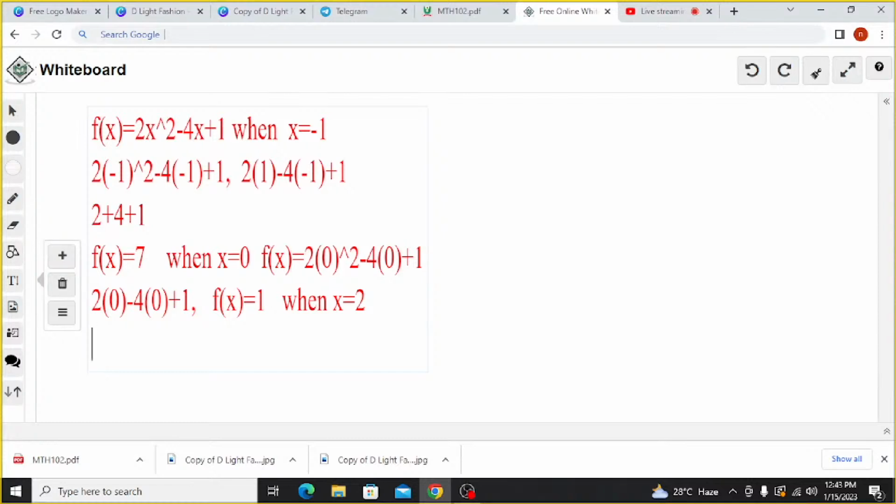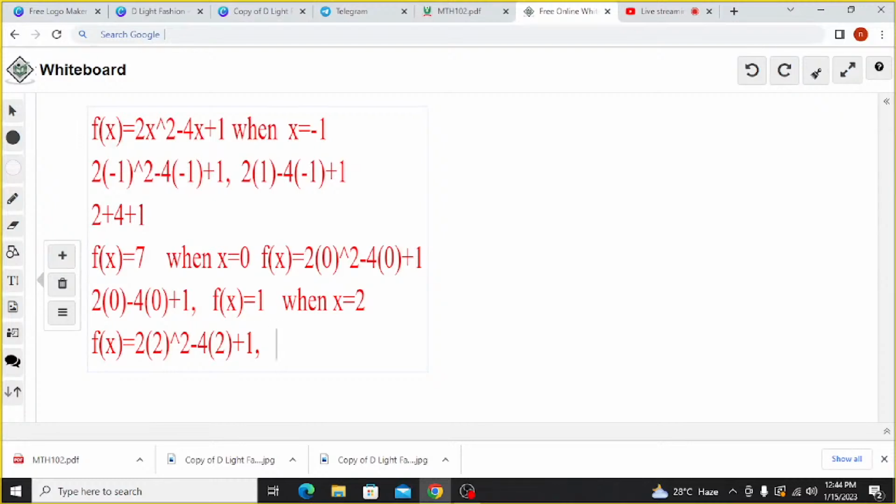When x equal to 2, our function is now equal to 2 bracket 2 squared, minus 4 times 2, plus 1.